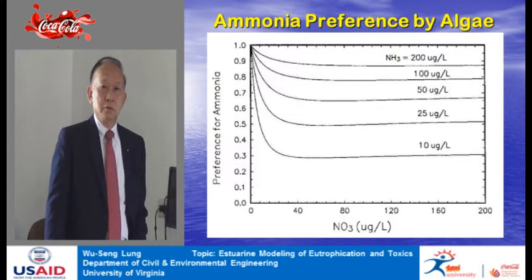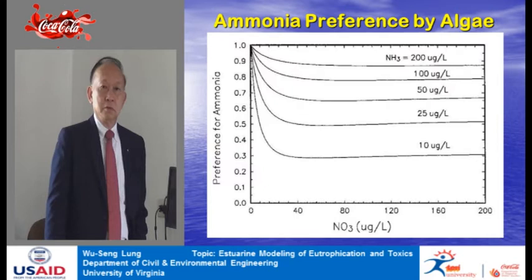From 0 to 1, of course, 100% means 100% of the nitrogen is coming from ammonia. If this is 0.4, that means only 40% of the nitrogen needs come from ammonia. The balance, 60%, from nitrate. So this is the three-dimensional plot.